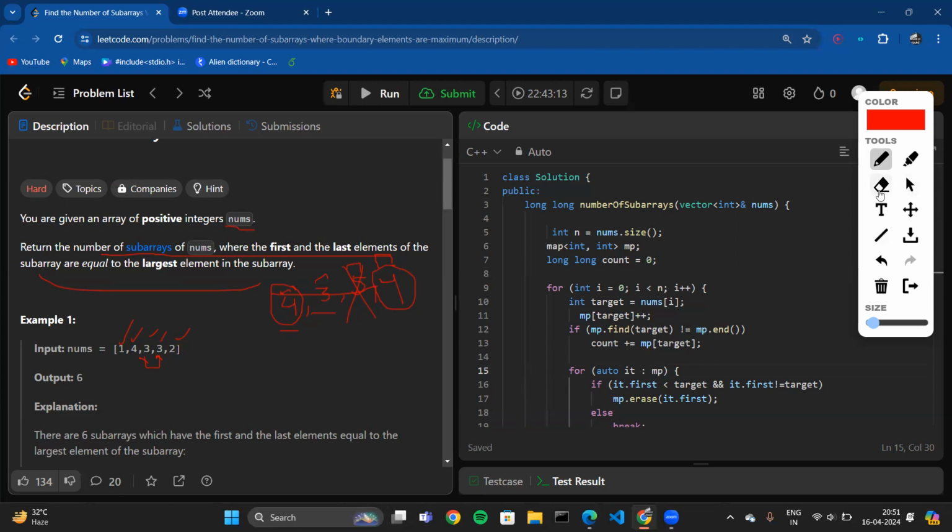So how can I think of a solution? Can I say that single elements will always be included? Now I can keep a mapping of what all elements I have.